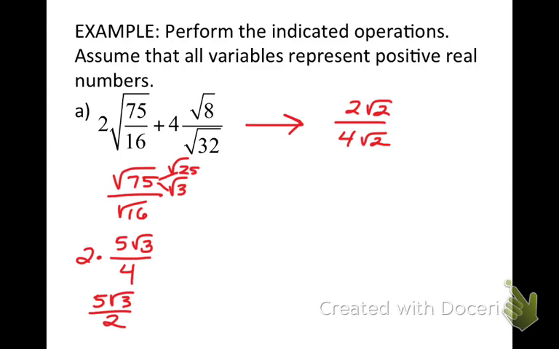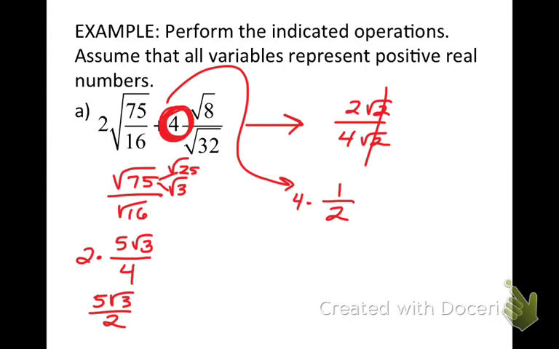Square root of 2's cancel, that's nice. 2 over 4 simplifies to 1/2. Now I got to bring this 4 back into play. So 4 times 1/2 is 2. All right. So now I'm going to erase this stuff.